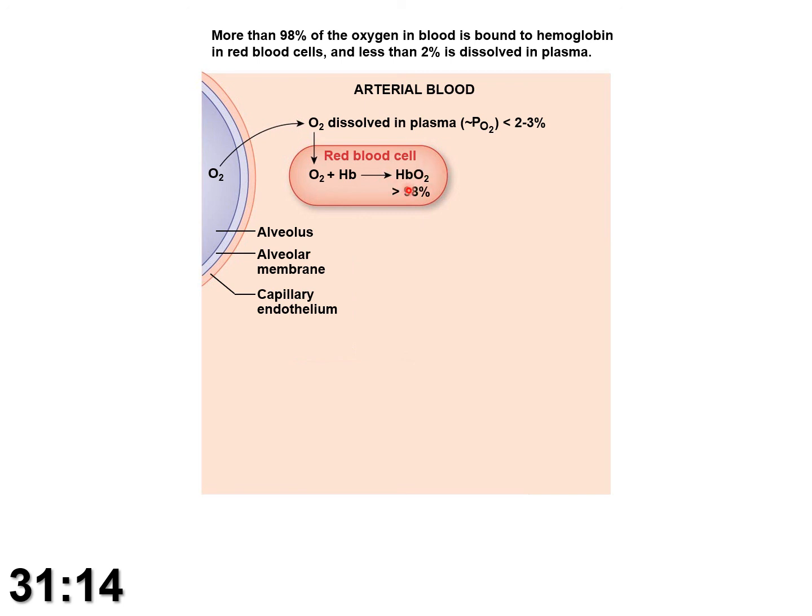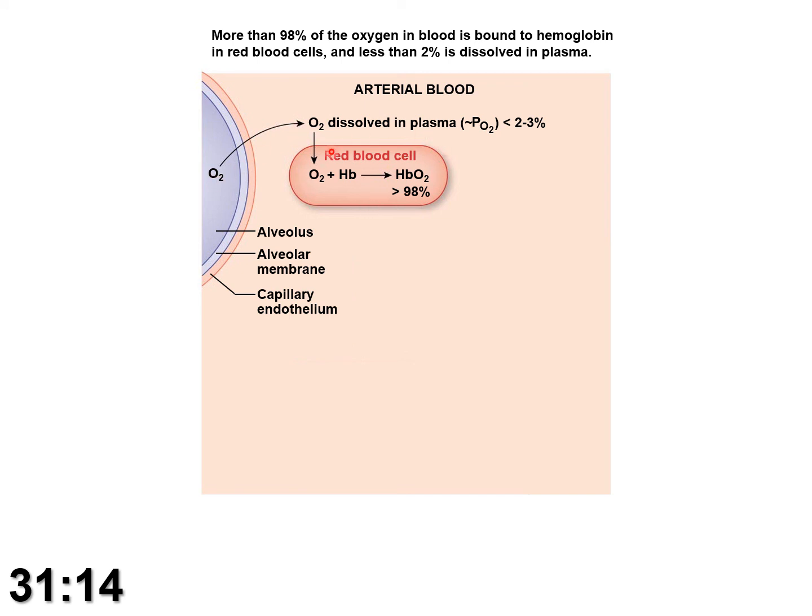That gives us about 98% bound oxygen and somewhere between 2 and 3% oxygen that stays dissolved. But this right here and this right here and even this right here to a certain degree is law of mass action. Okay? A plus B, AB.